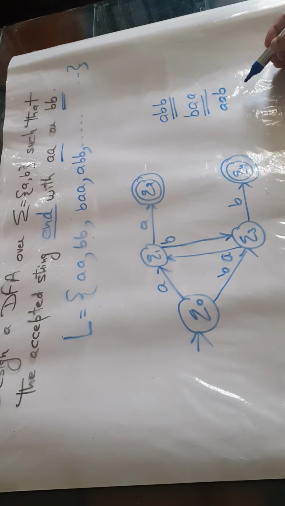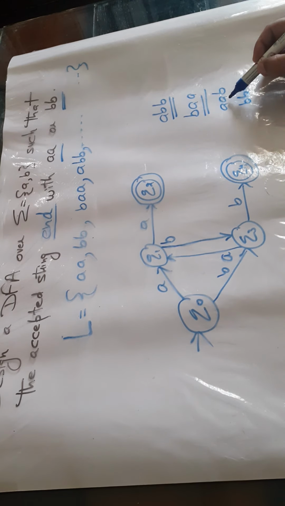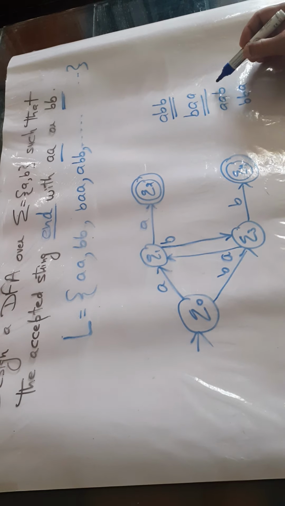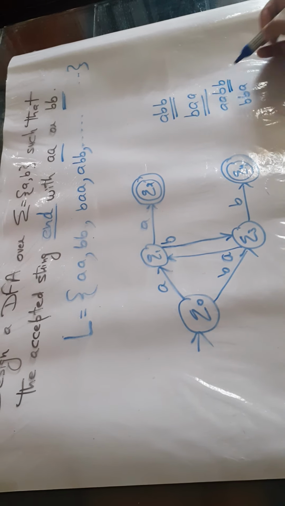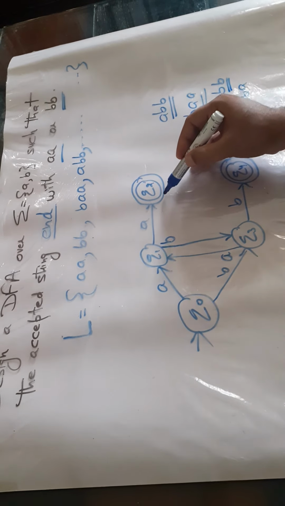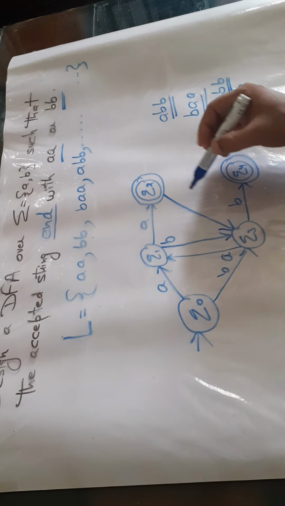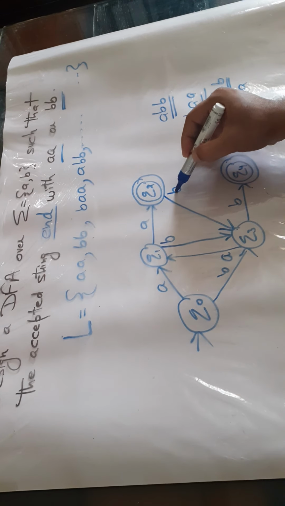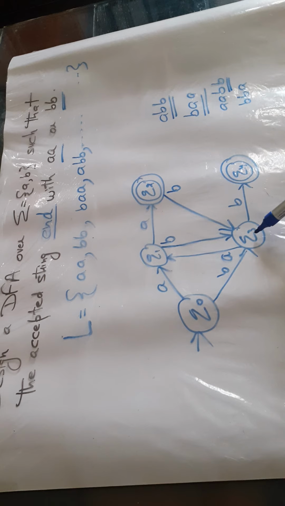As per the question, the string must end with BB or must end with AA. So after AA, if B comes, we need another B to complete the pattern to satisfy the condition. That's why we are moving towards this state, and after this we are able to get a B and the final state.